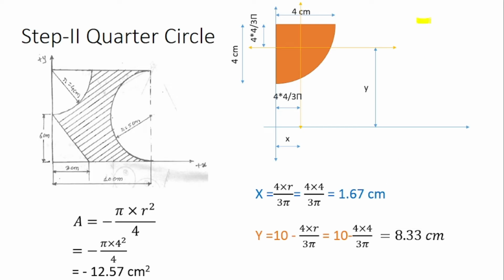This total distance from this end to this end is 10 centimeter, and I want only this distance. So if I subtract this remaining distance from the total distance, then I will get this value, right? So for that, 10 minus 4r divided by 3 pi. The r value is 4. So by this calculation I get the value of y as 8.33 centimeter.